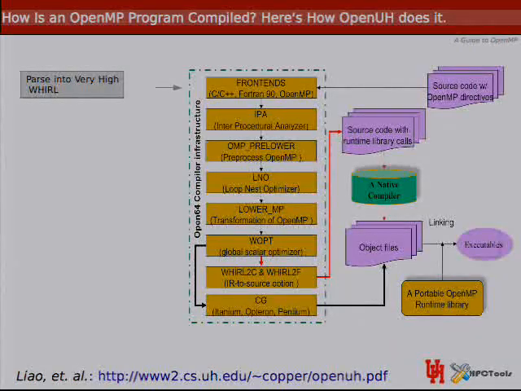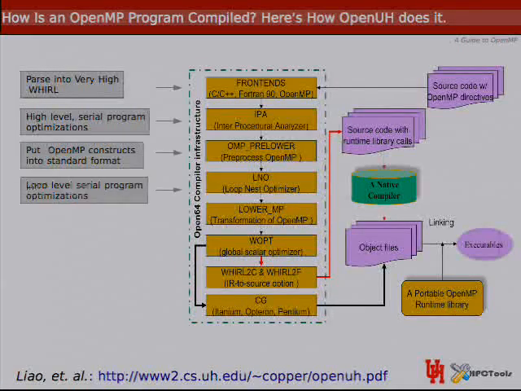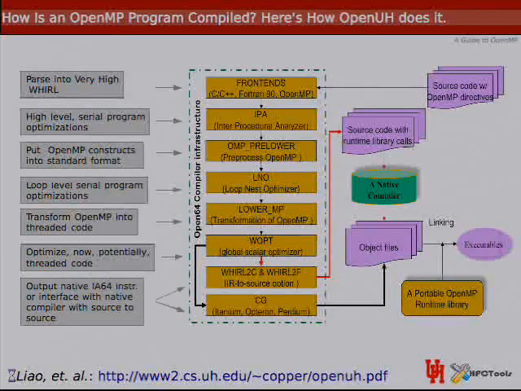This is our compiler, and I don't want to labor this point, so I'll just put these all here. Okay, so obviously the compiler has to read in those directives. There is actually a very high-level analysis that goes on of your whole program before they're translated at all. In our case, we actually standardize them. That's pretty normal. Then we're trying to do some optimizations before we actually implement the OpenMP.